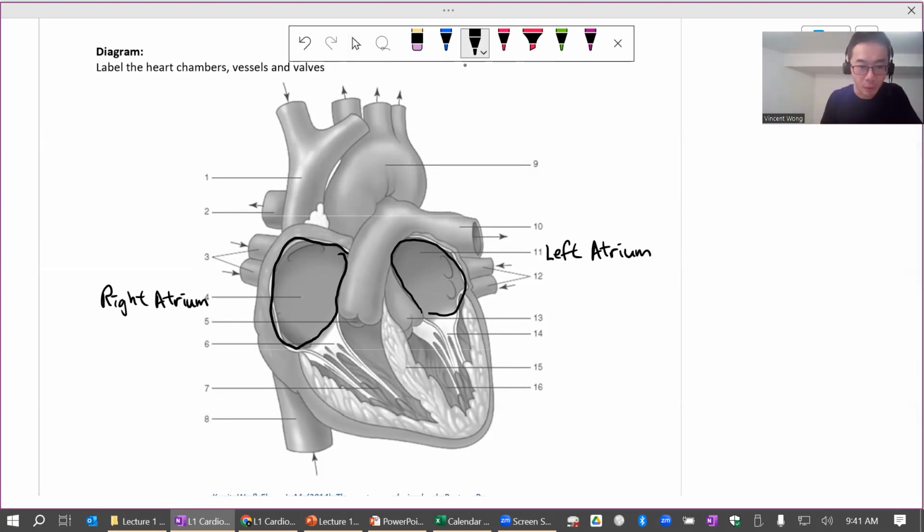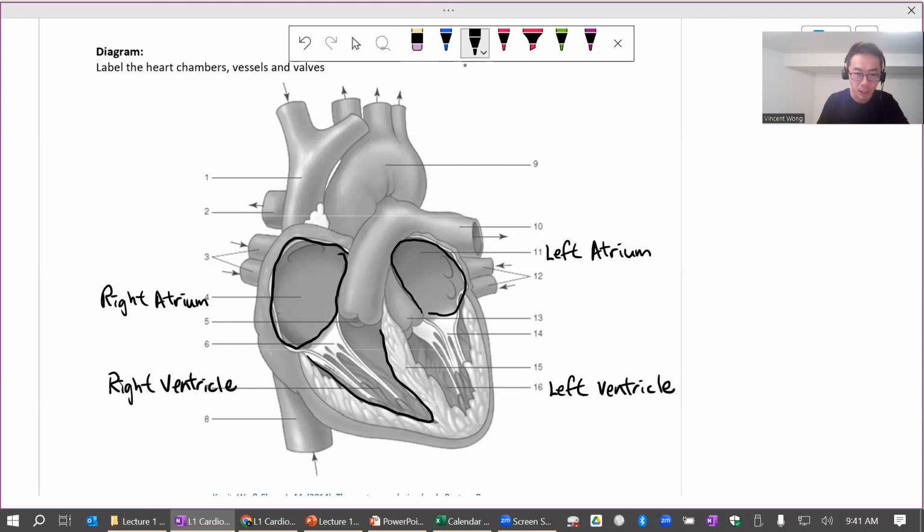We have the right ventricle, that is number 7, and number 16 is the left ventricle. 4 chambers of the heart. You can outline them if you want.